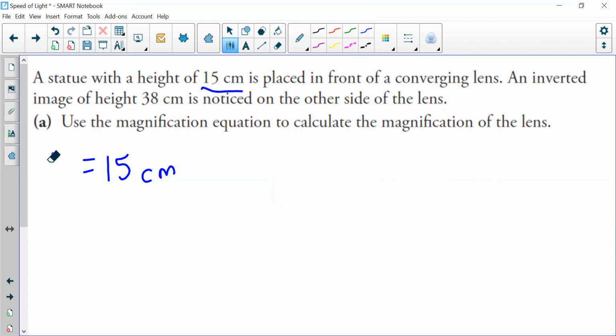Object height. Good. Do we need to change that to positive or negative? Positive. Good. HO is always positive. Okay, what's this 38? HI. Okay, and what's the sign going to be here?